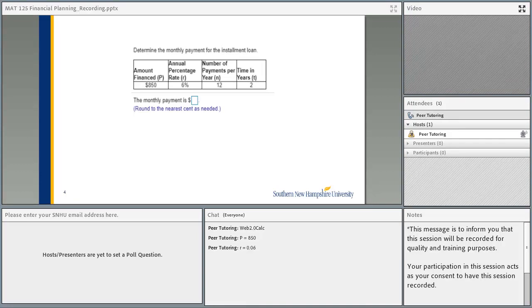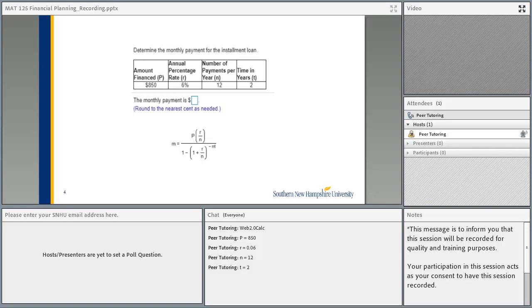And remember, when you enter the rate, it has to be the decimal equivalent. So you are going to have to convert percent to a decimal. So we've got R is equal to 0.06, N is equal to 12, T is equal to the number 2.